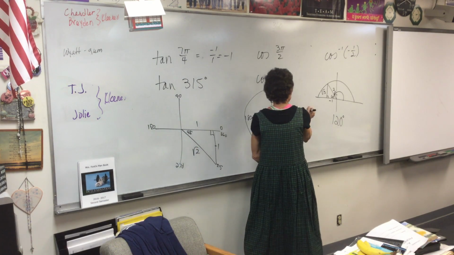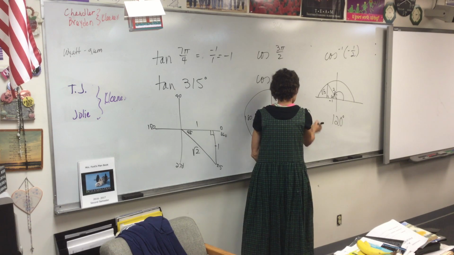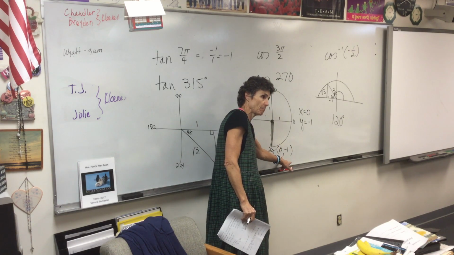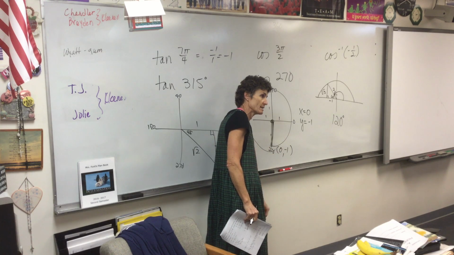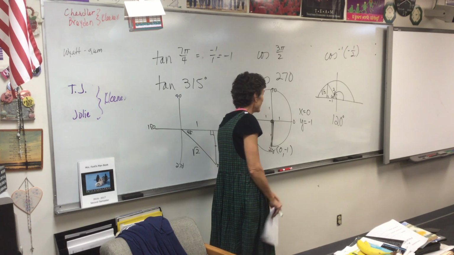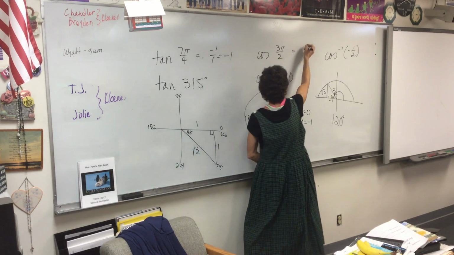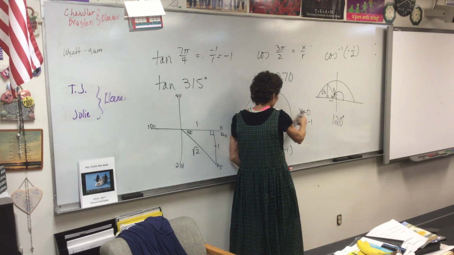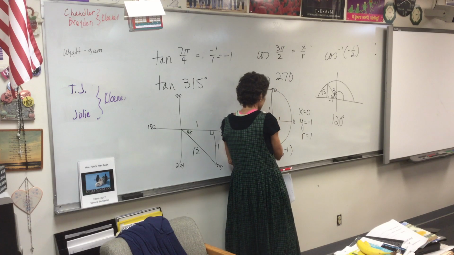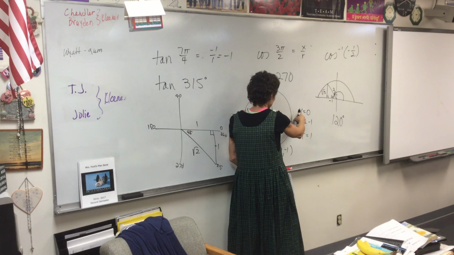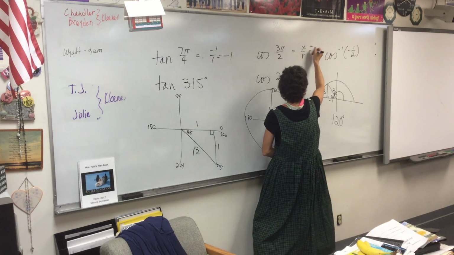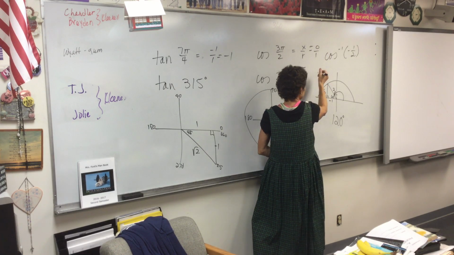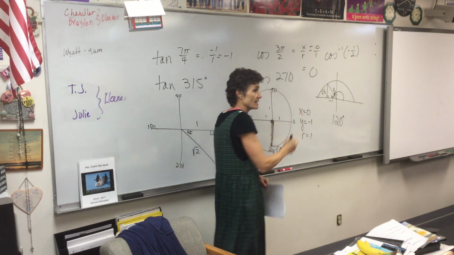So x is 0 and y is negative 1, because that's that point. Cosine is x over r. So r is 1. Remember, we got the radius of 1. So x over r is 0 over 1, which is 0.